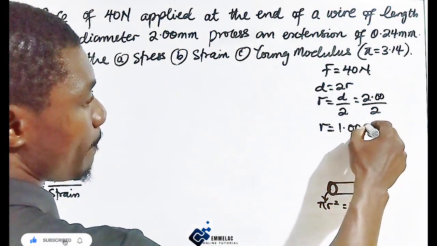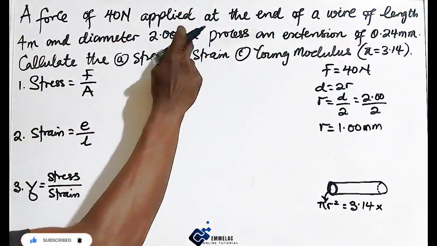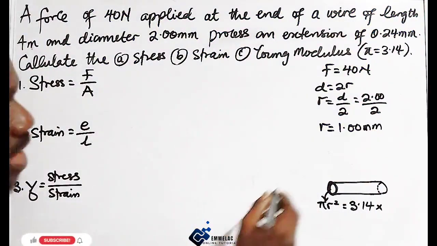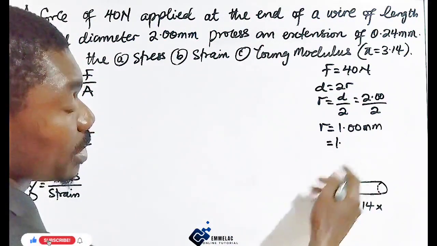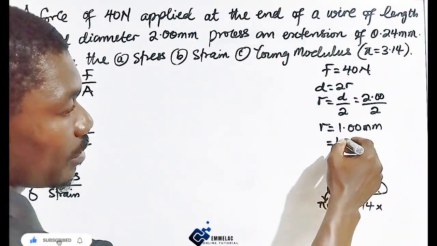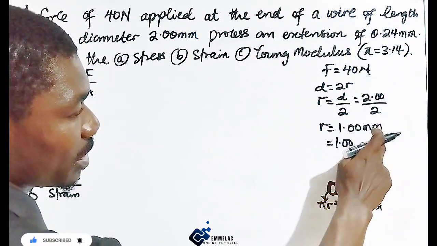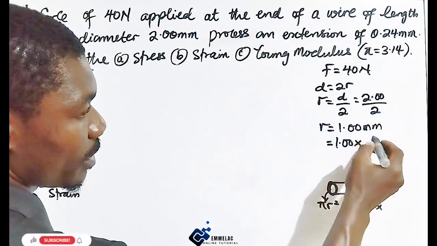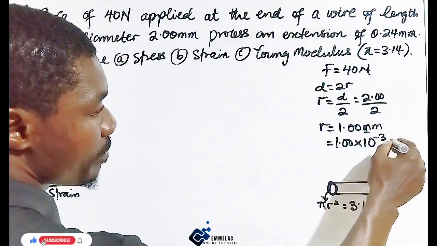1.00 millimeter. But take note, we also need to convert this unit millimeter to meter, and as such, for short, we can either divide 1 by 1000, or milli here implies 10 raised to the power of minus 3.